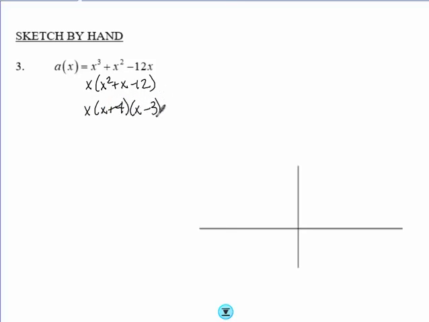Then if I set all of those factors equal to 0, I get that my zeros are x equals 0, x equals negative 4, and x equals positive 3. All three of these have a multiplicity of 1. Which means all of them are going to cross the x-axis.